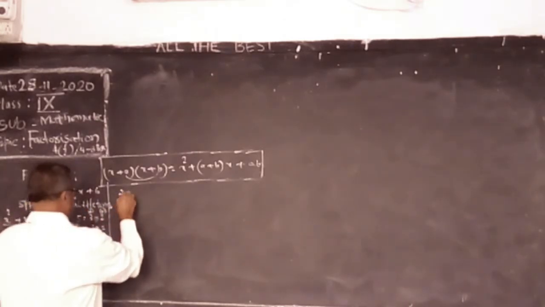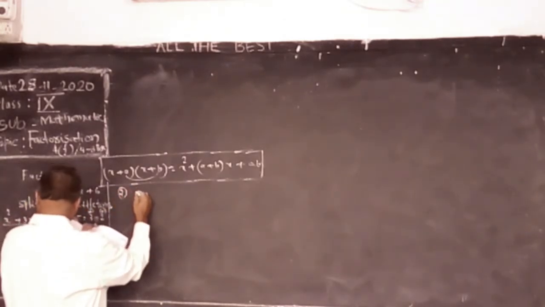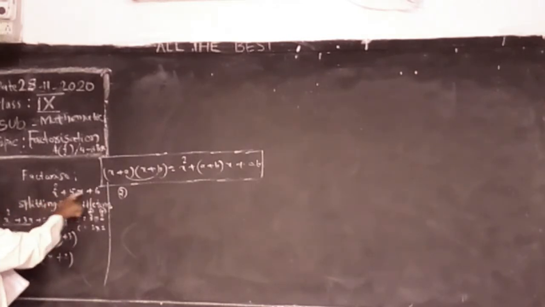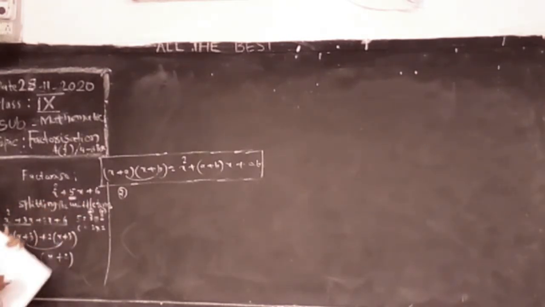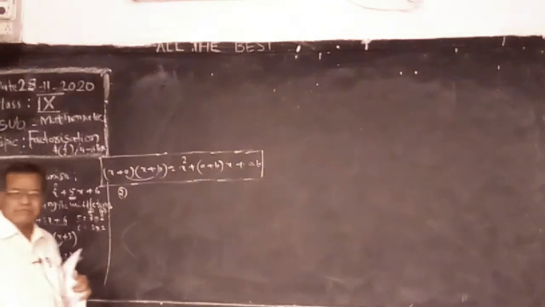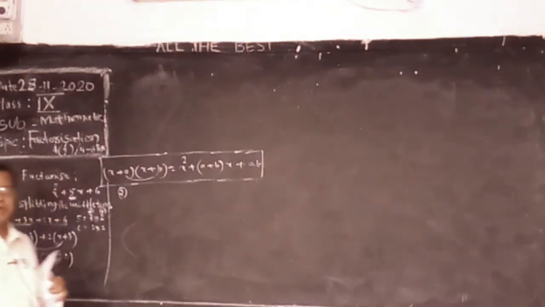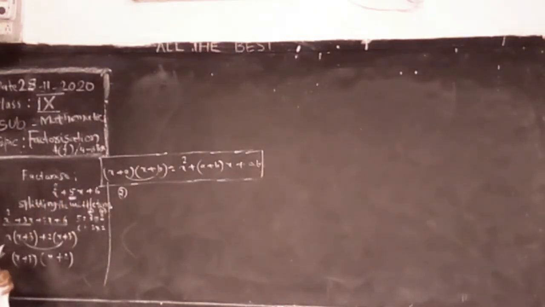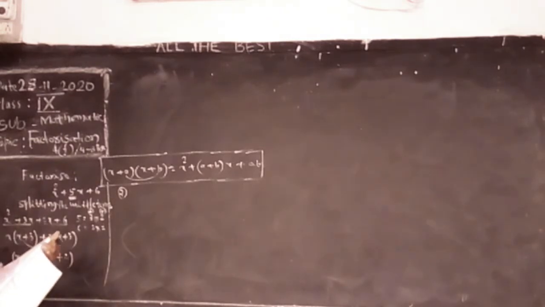The variables will change. Sometimes it is x, sometimes a, sometimes b, sometimes m, p, and sometimes k or y also.